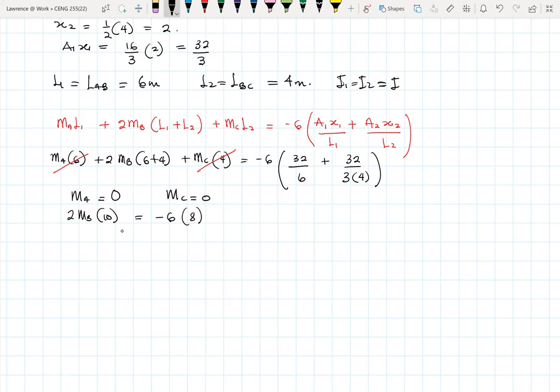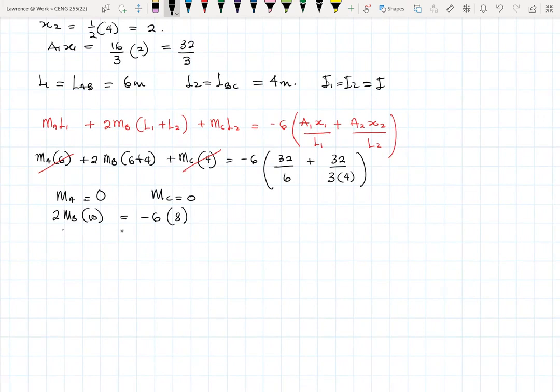So in the end we'll end up with 20 MB being equal to minus 48. So our MB, which is the moment at B, is minus 48 over 20. That'll give us minus 2.4 kilonewton meter. So pretty much we found our moment at B, which is minus 2.4 kilonewton meter.